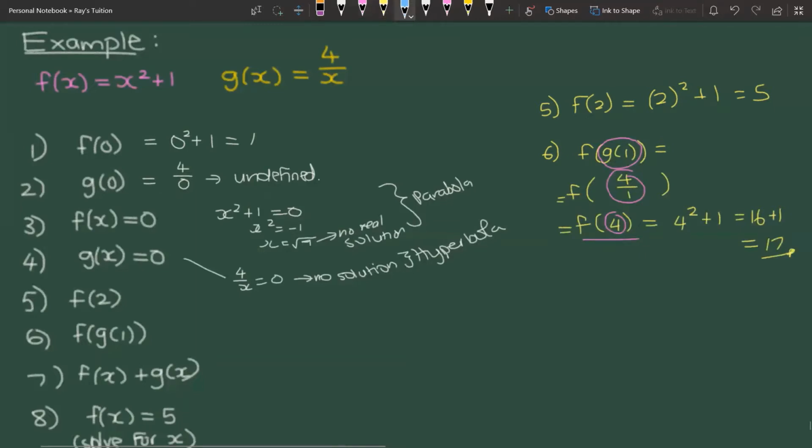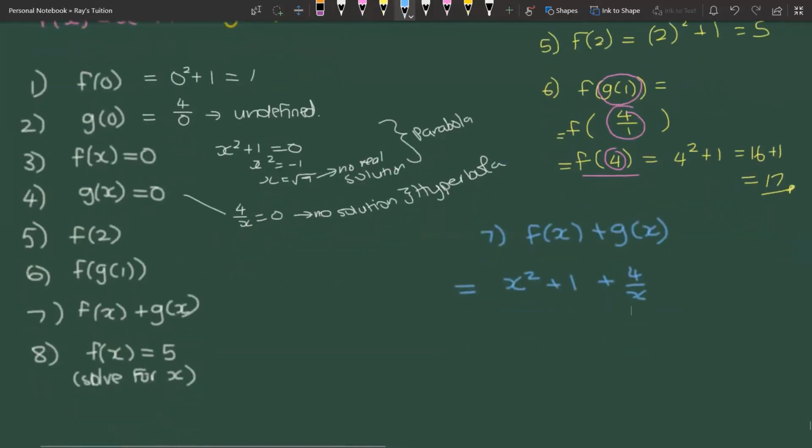Another one. So number 7, f of x plus g of x. So that f of x is x squared plus 1 and g of x is 4 over x. So this is the function f of x plus g of x. And the last one is we have to solve for x if f of x is 5.